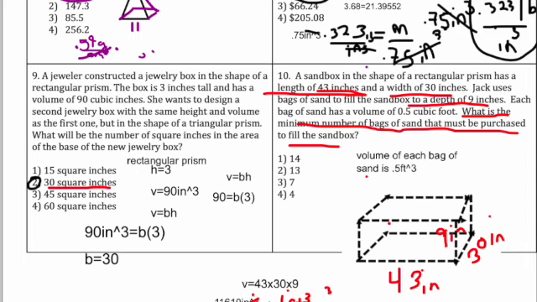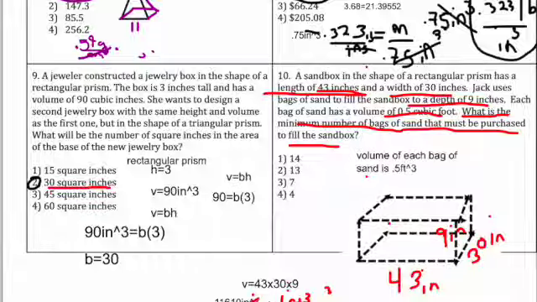All right, so now we also know each bag of sand has a volume of 0.5 cubic feet. What is the minimum number of bags of sand that must be purchased to fill in the sandbox? Well, you need all of this filled in, and each bag is 0.5 of that.